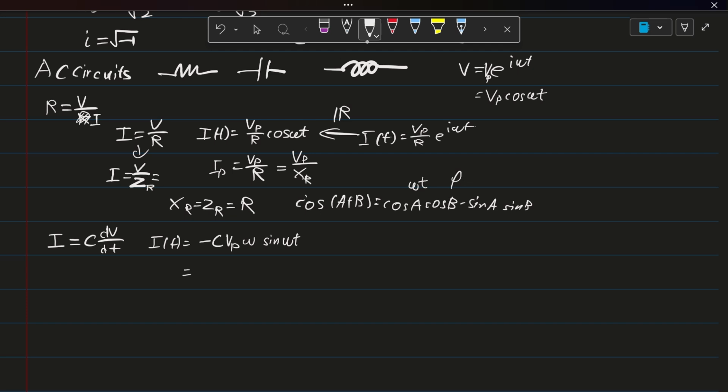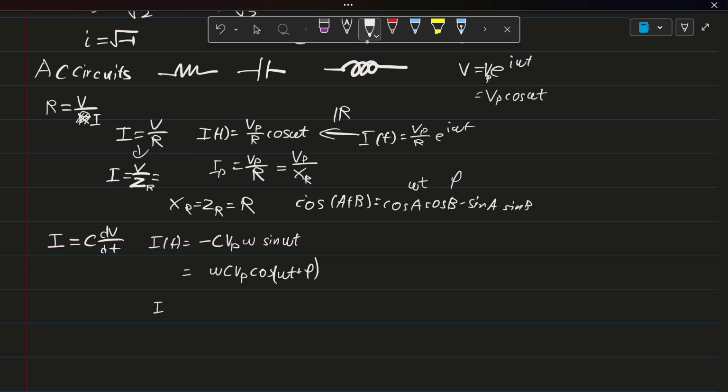Now, for this value, we see that there's a sine omega t, which means that the cosine phi should be 0. So there could only be two values. It's between negative pi over 2 or pi over 2. But the sine phi should be positive, or 1. So it has to be pi over 2. So this could be written as cosine omega t plus phi.